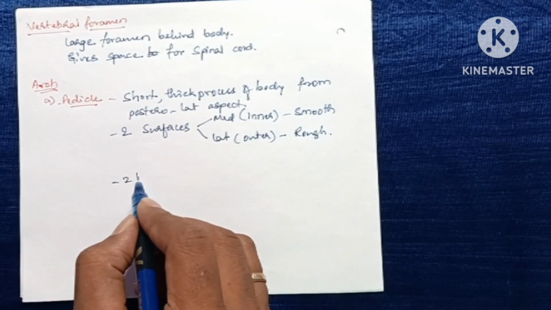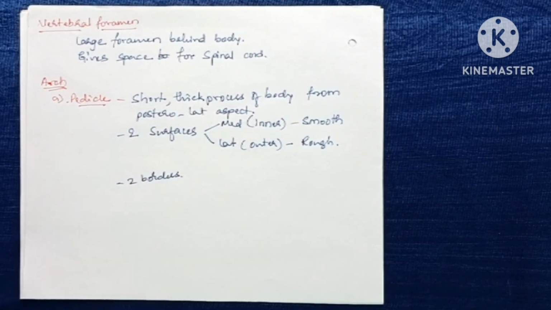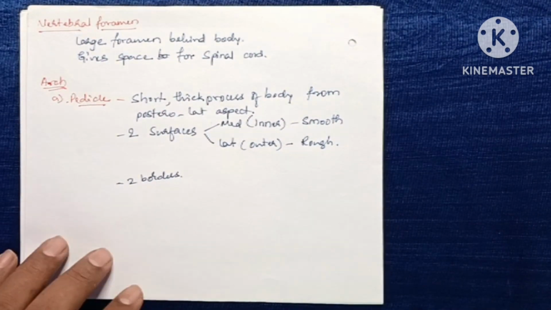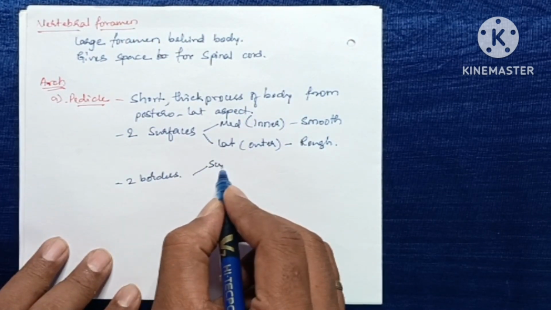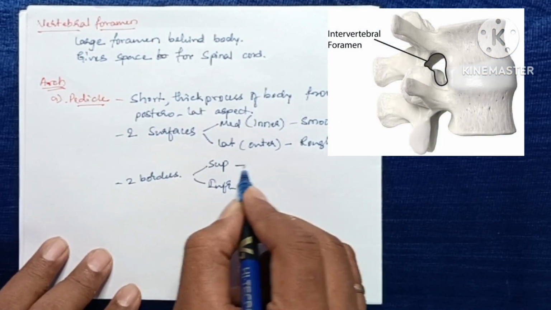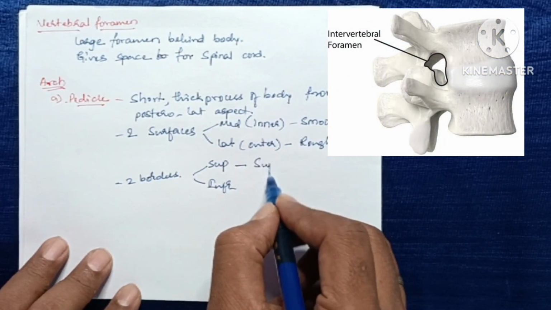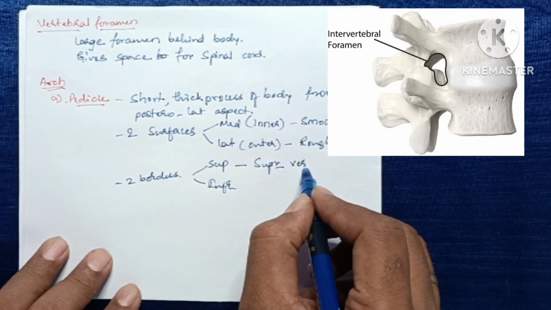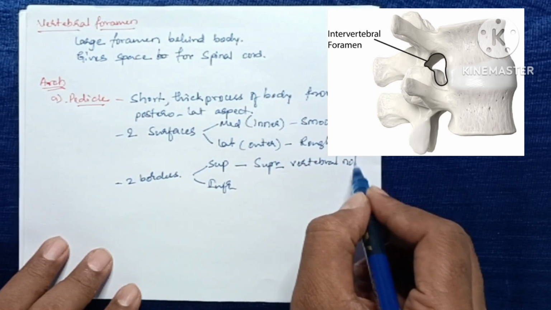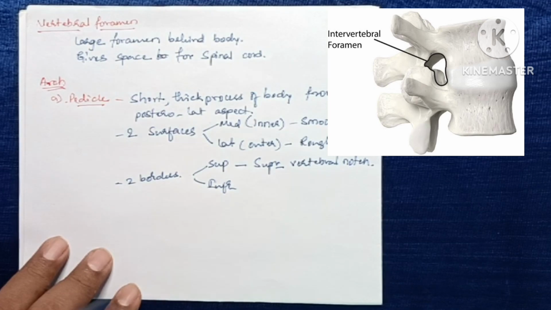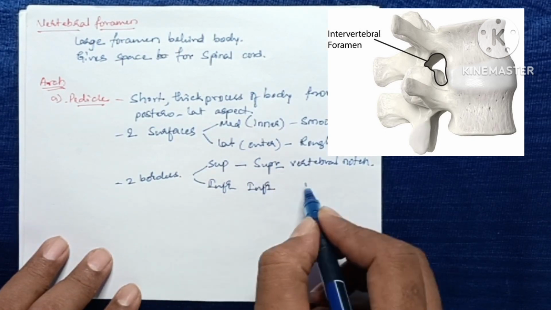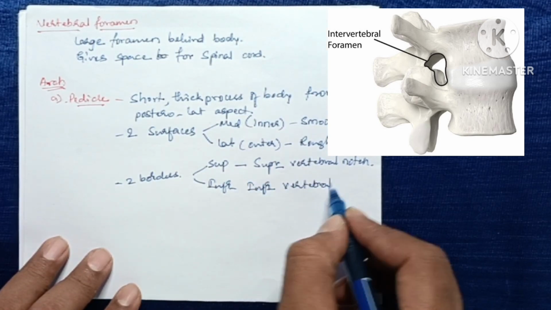This pedicle has 2 borders, superior and inferior. The superior border forms the superior vertebral notch, and the inferior border forms the inferior vertebral notch.